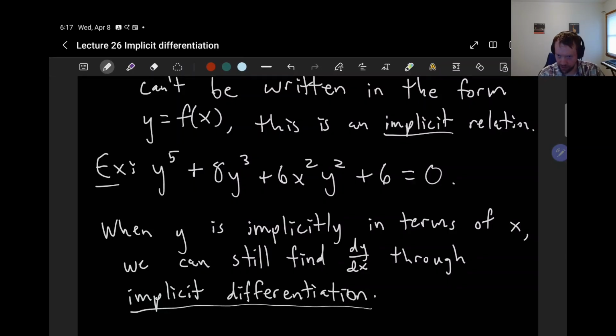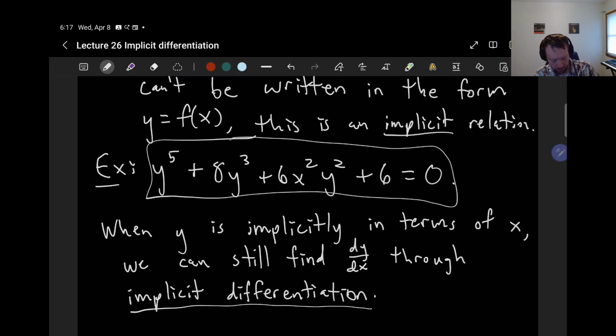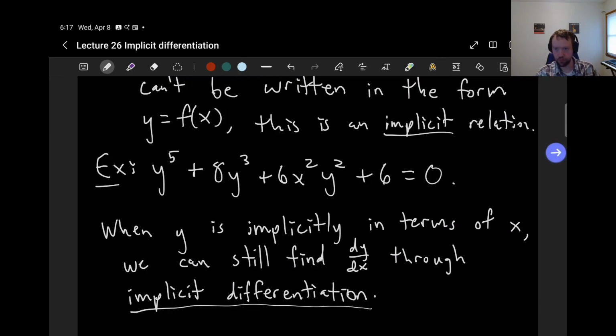Hence the title of this section. So it's all about finding the derivative dy dx when we have a complicated relationship like this, where you don't have this nice tidy y equals f of x.